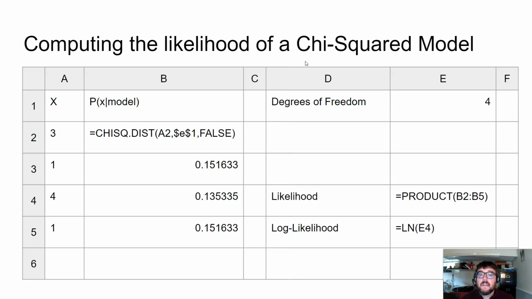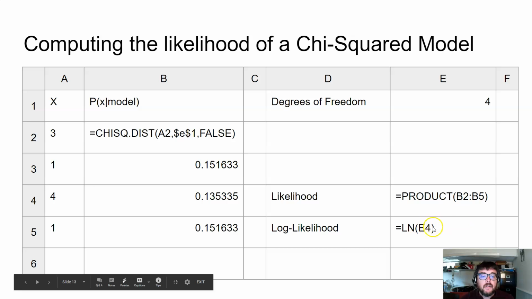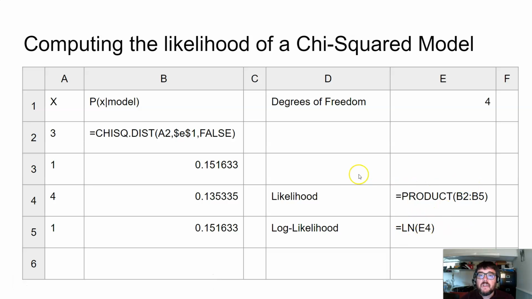And finally, for chi-squared, our single parameter is the degrees of freedom. So we have observations. We have the chi-squared distribution of this observation given this parameter. And again, we want the probability density. And so it gives us these numbers, multiply them all together, and take the log to get the log likelihood. So that's how we would compute it.